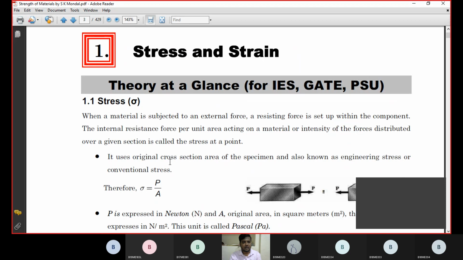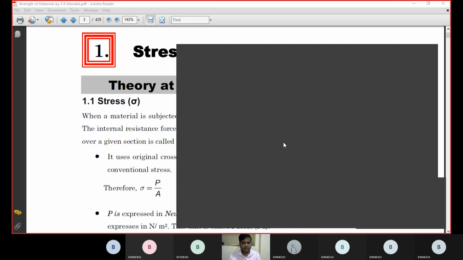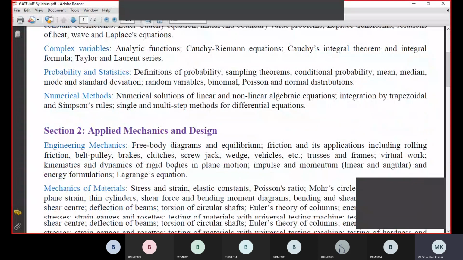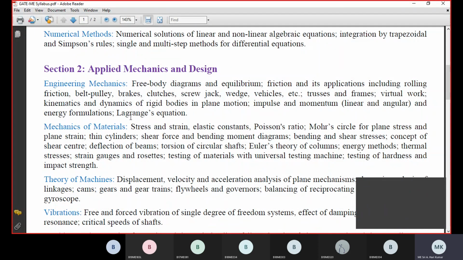Just make a quick review of what we have taken up yesterday. So we started with the first topic. I'll also share the syllabus. I'll turn off my camera as well. I'll just put back that slide, that PDF.